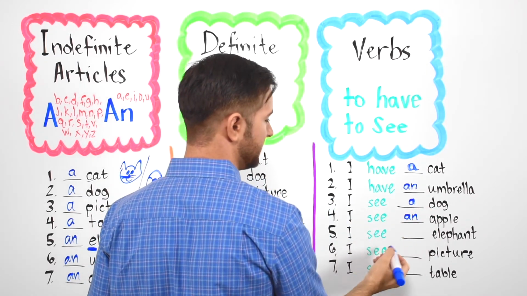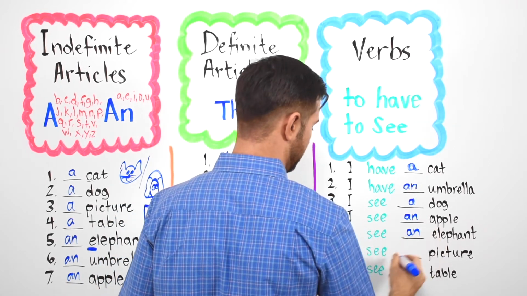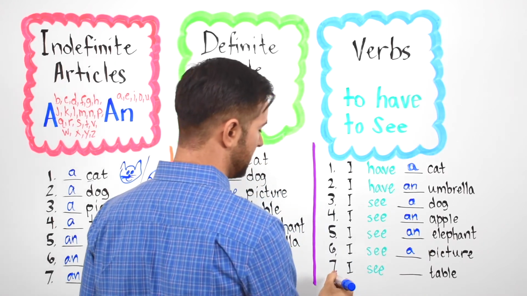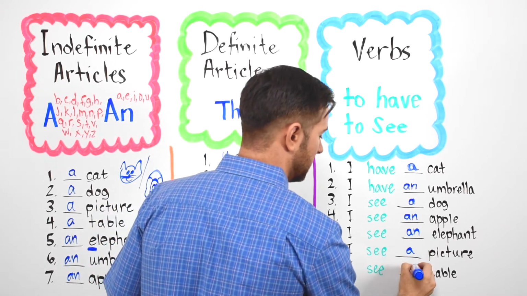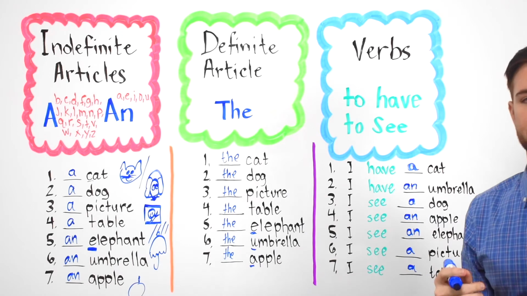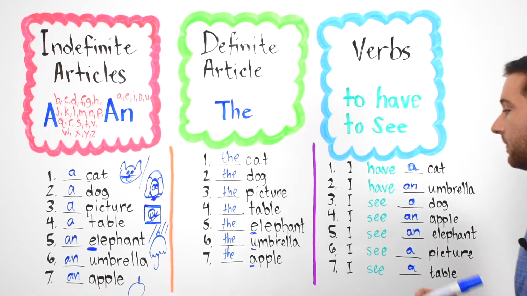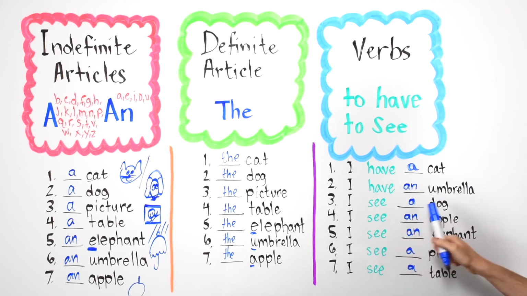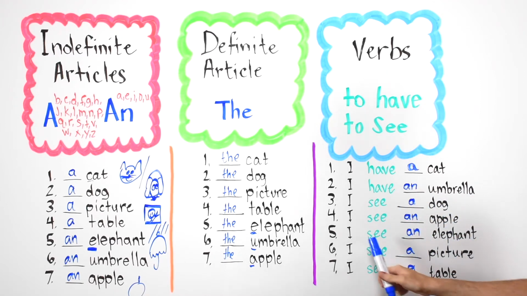Number five, I see an elephant. Number six, I see a picture. And number seven, I see a table. Okay, so again, I have a cat. I have an umbrella. I see a dog. I see an apple. I see an elephant. I see a picture. I see a table.